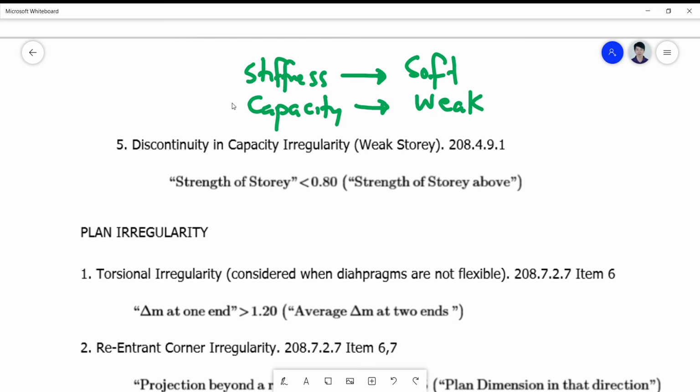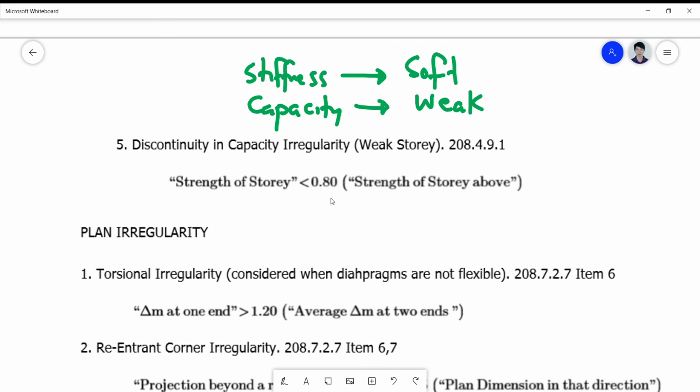Okay, and the computation is such that the strength or capacity of the story must not be less than 0.80 of the strength of the story above. Okay, not adjacent, but above.